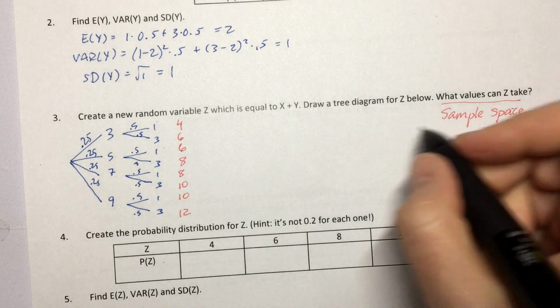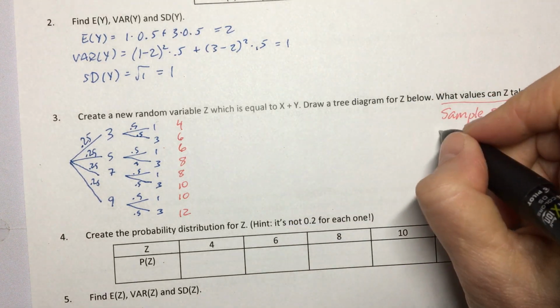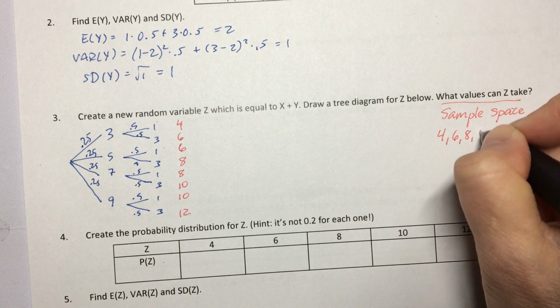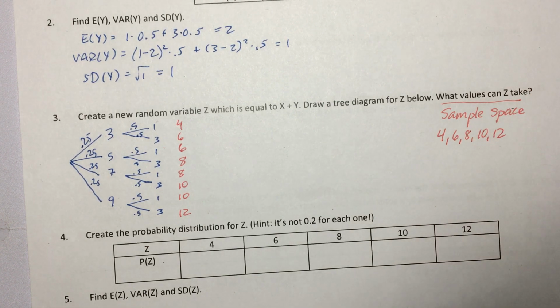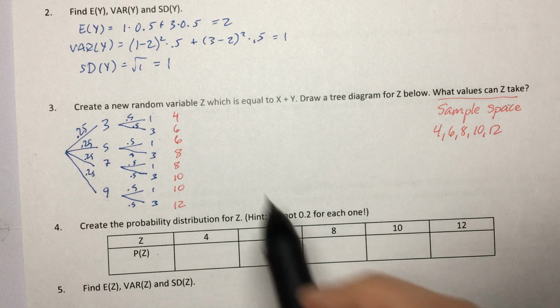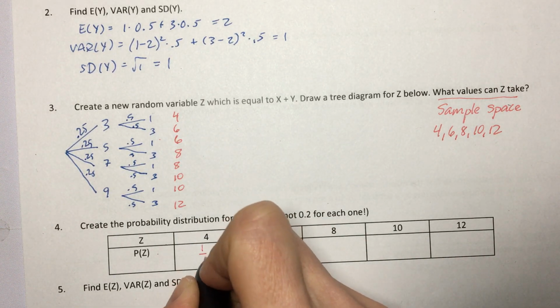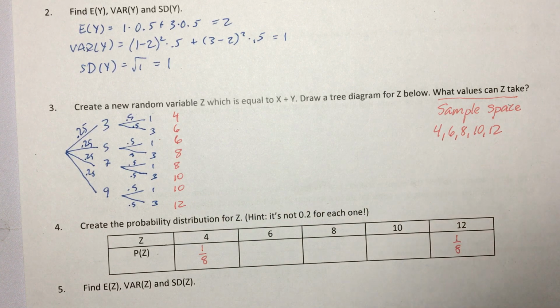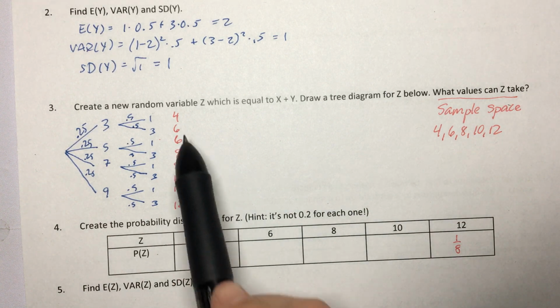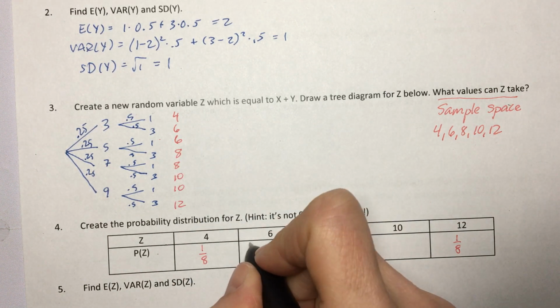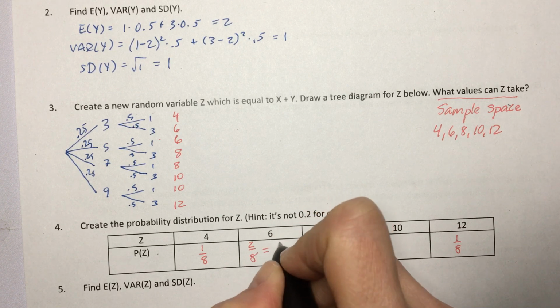So our sample space would be the 4, 6, 8, 10, and 12. But these aren't equal outcomes for each, are they? Because the 4 and the 12 only happen 1/8 of the time. And then the 6, 8, and 10 happen 2/8, or a fourth of the time.